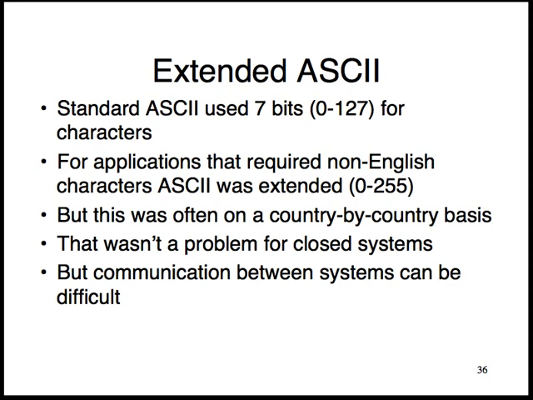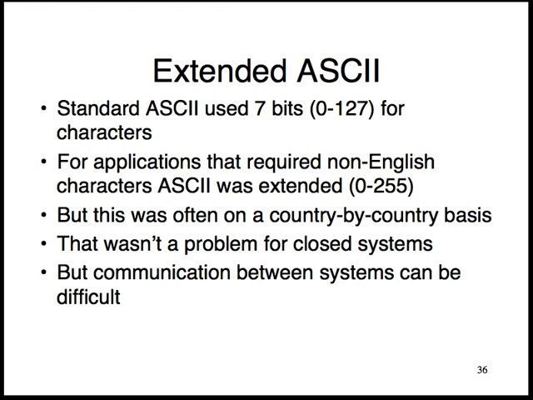Once communication systems started to communicate across national boundaries, then you did start to have problems. So sometimes you might get an email from France or a text message in French, and it doesn't quite work. If someone puts an acute over a letter E, it might freak out a bit.